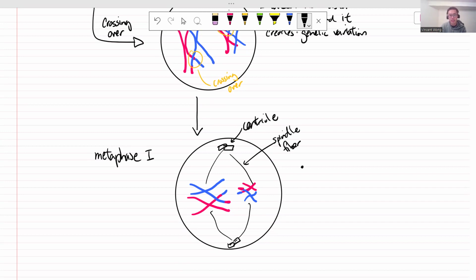Right, so here, the tetrad lines up in the middle, as opposed to individual chromosomes.